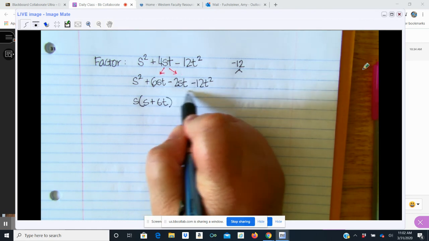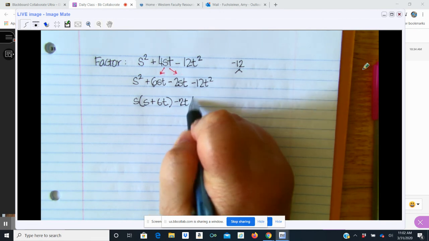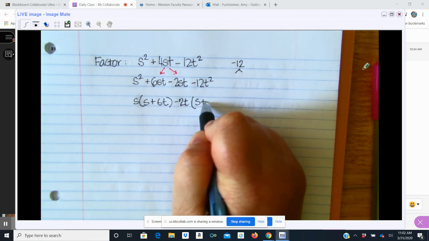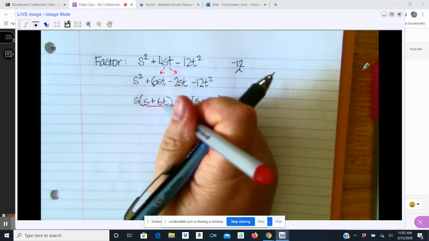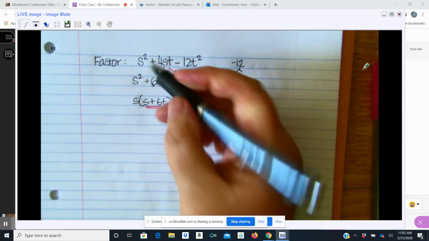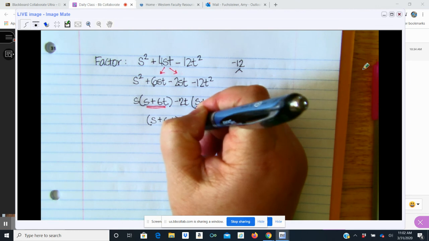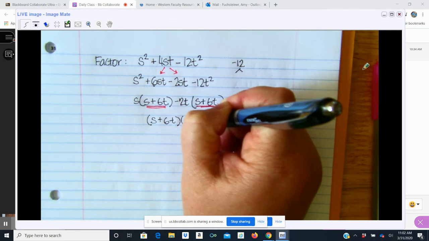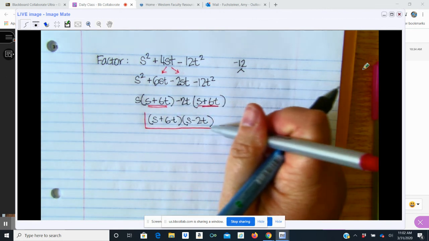Looking at the second grouping, we can pull out a negative 2t. And we're left with s plus 6t. And we have our factors.